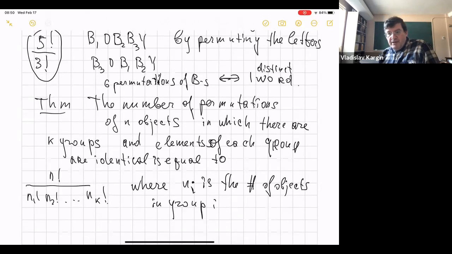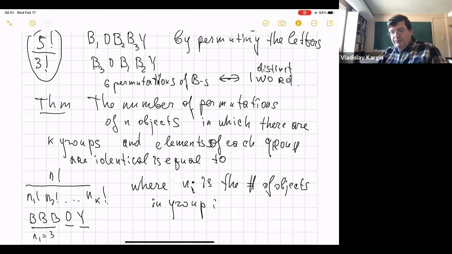So in our example, we have the letters B, this is the first group, then there was an O and a Y. So this is another group, and this is another group. So n1 is equal to 3, n2 is equal to 1, and n3 is also equal to 1.